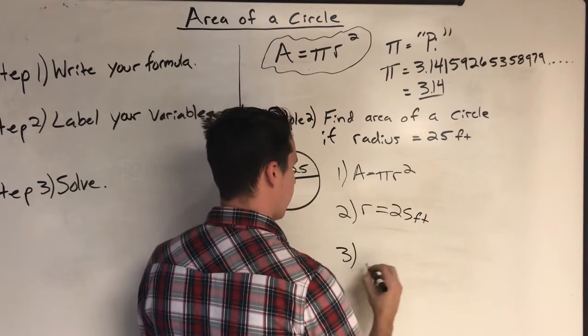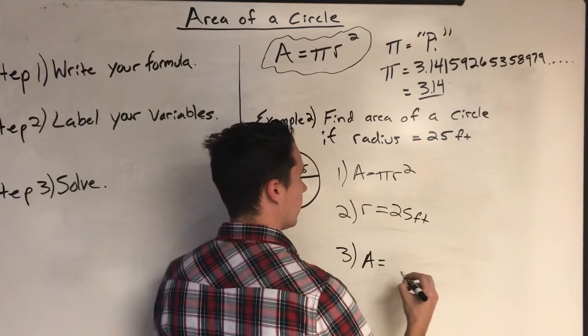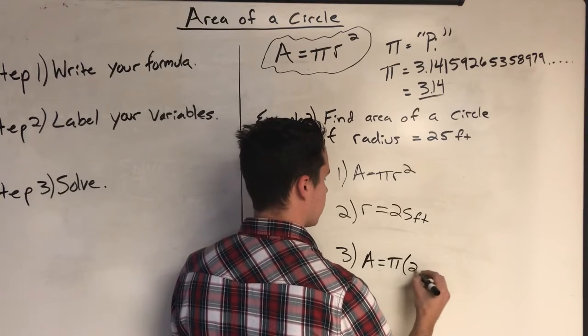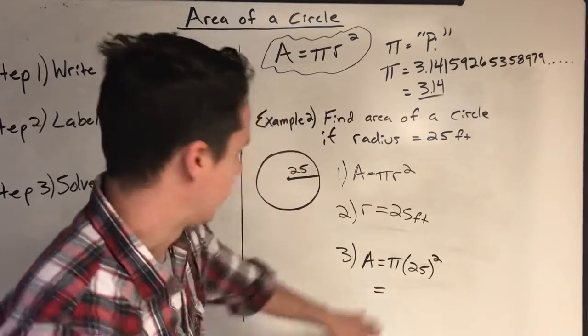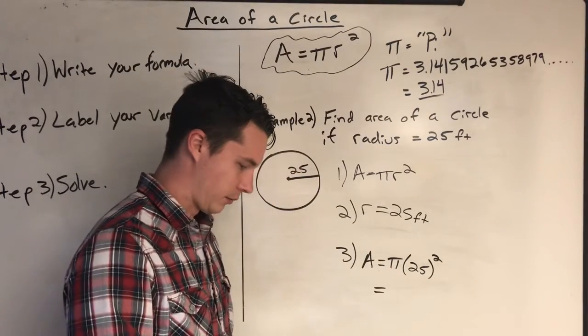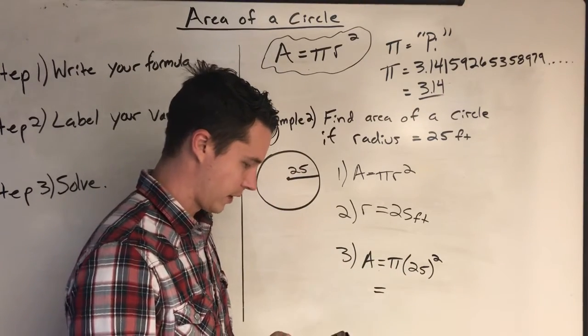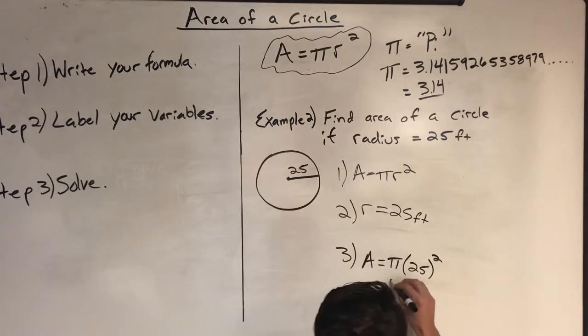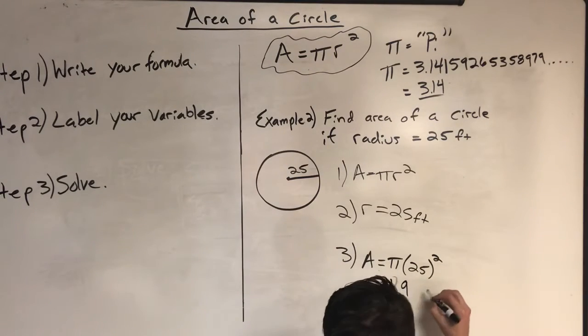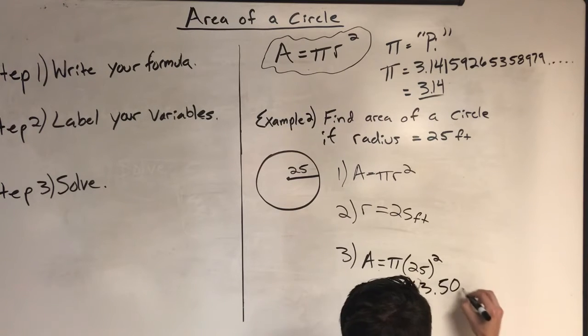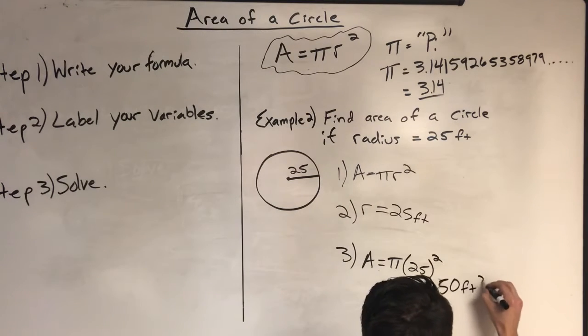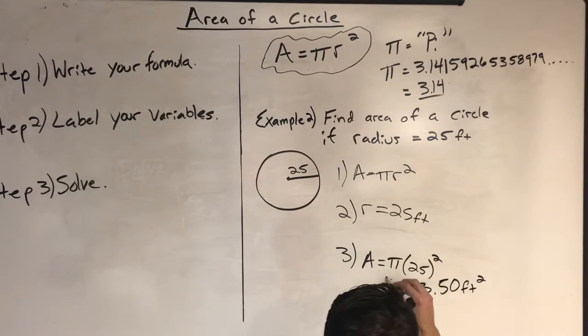Now we can solve, where area is pi times 25 squared, and that's what we're going to put in our calculator. We'll get 1,963.50. What's our unit? Feet what? Yep, feet squared.